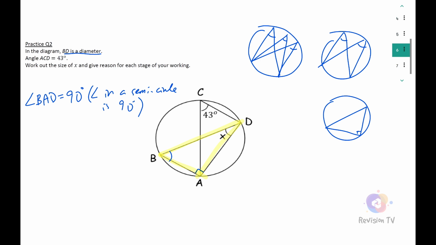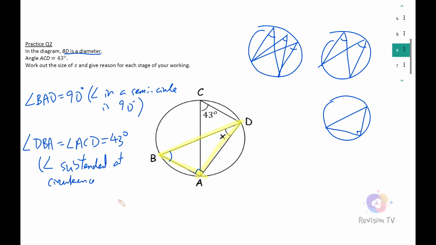So you will say angle DBA or ABD equals angle ACD, which equals 43 degrees. The reason being is you have to give the right reason. That's why it's so important as you copy it out. You have to remember it. Angle subtended at circumference by same arc.